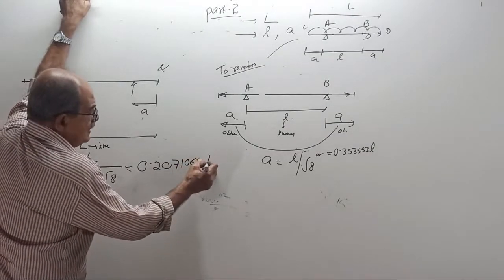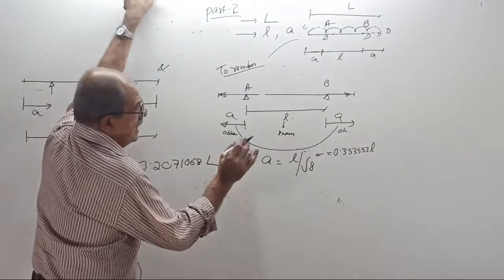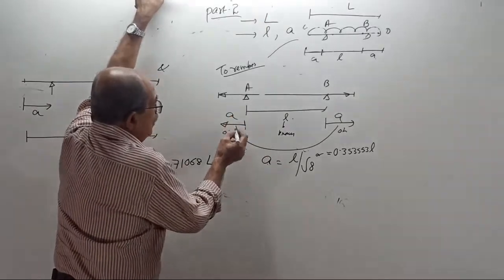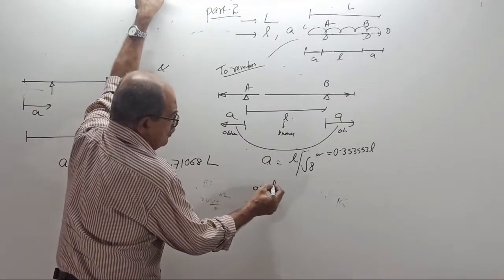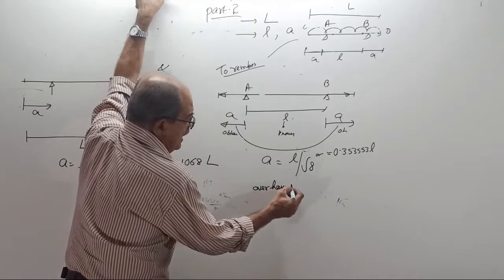0.0678 times capital L. Or you can tell one thing, here overhang should be what?